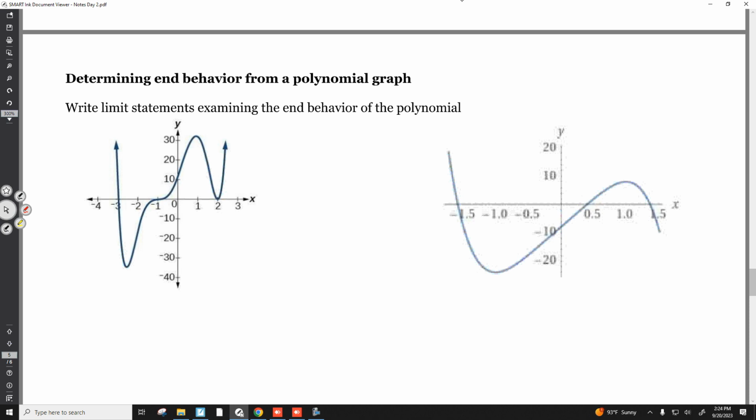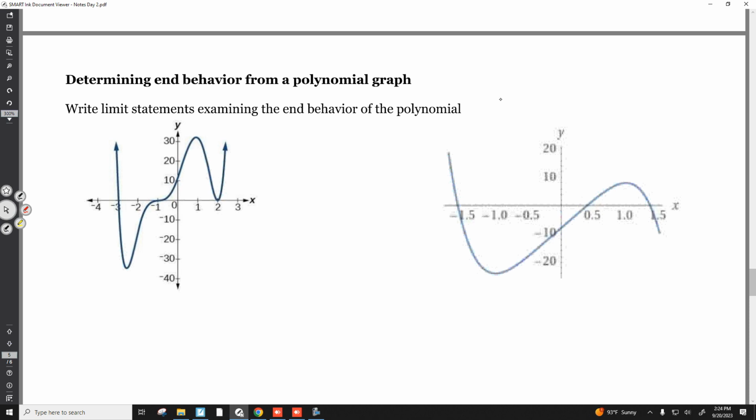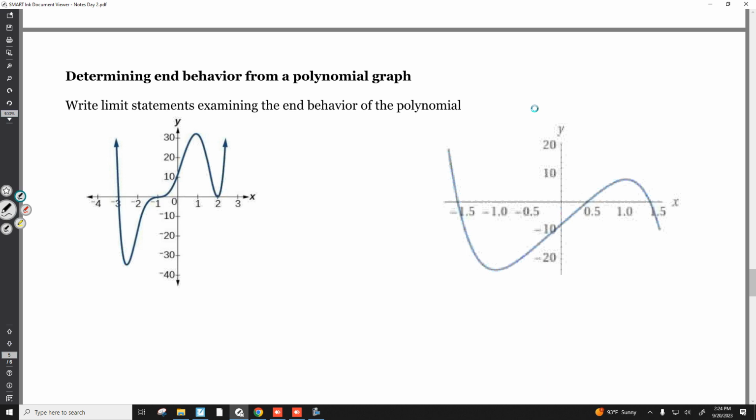If I give you a graph, you can give me the limit statements. Do this one on the right. Go. Give me the limit statements about the end behavior.